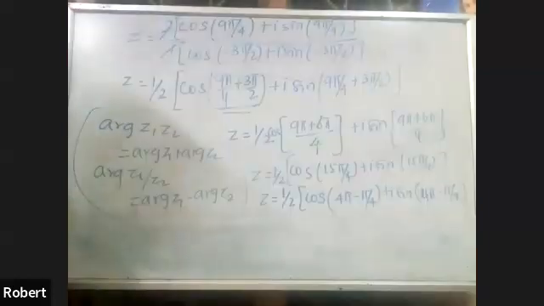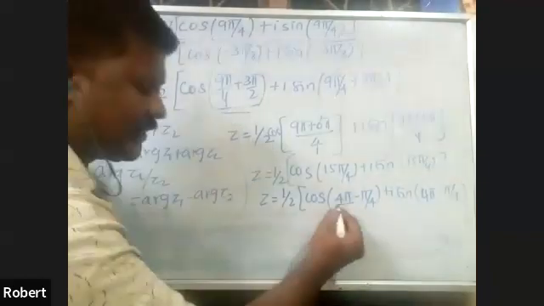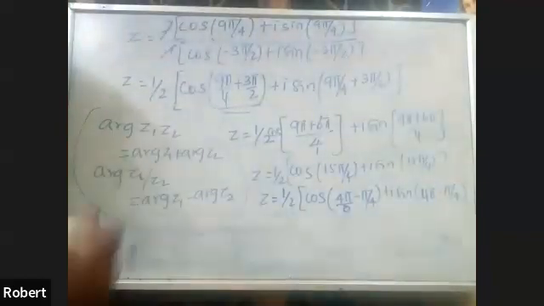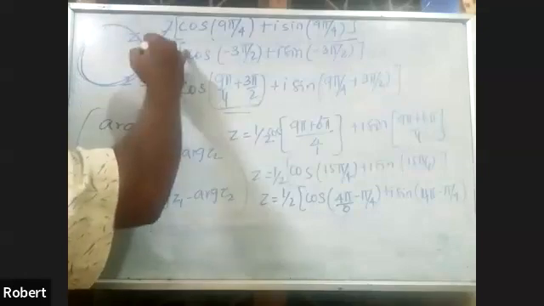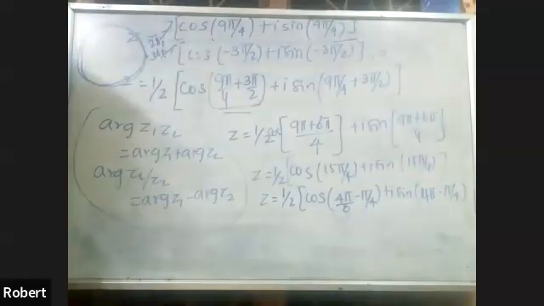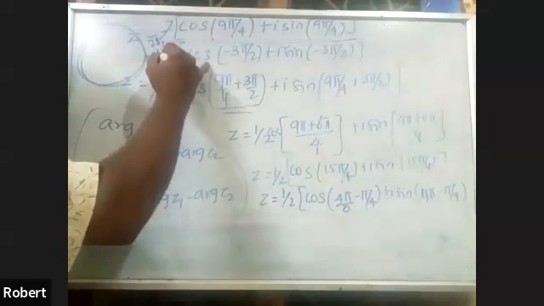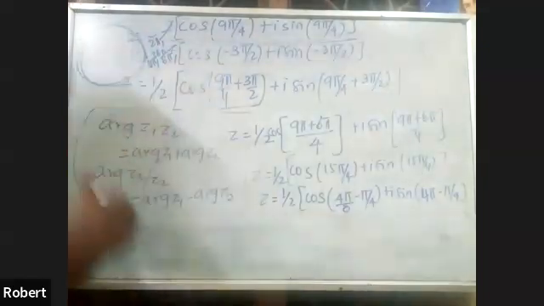Listen carefully. If it is 2 pi, 4 pi, 6 pi, 8 pi, it should be considered to be 0, because the rotation starts from 0 and again ends with 360 degrees. 360 degrees is nothing but 2 pi. 2 pi, 4 pi, 6 pi, 8 pi, if it is an even multiple of pi, again it will end at 0.